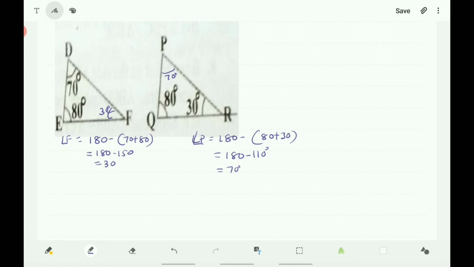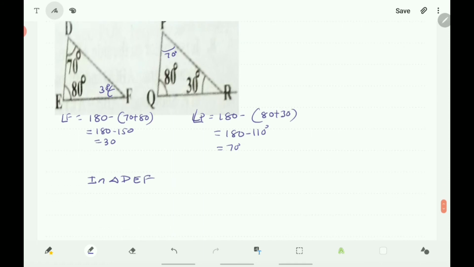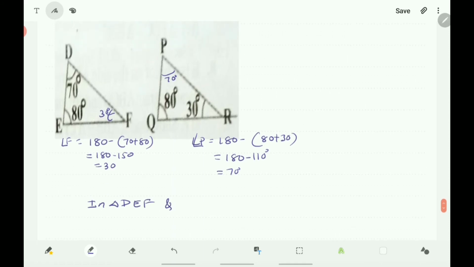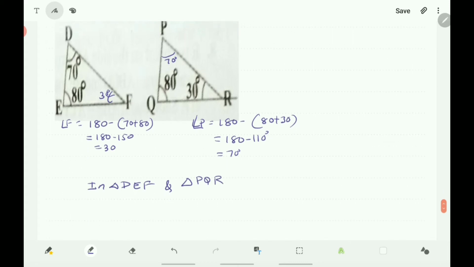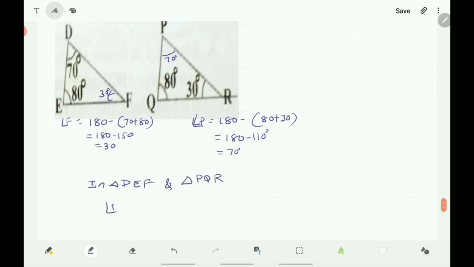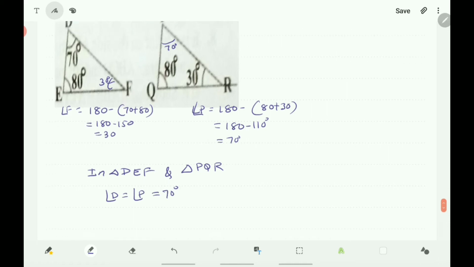So you can use the AAA similarity criteria. In triangle DEF and triangle PQR, angle D is equal to angle P, both 70 degree.